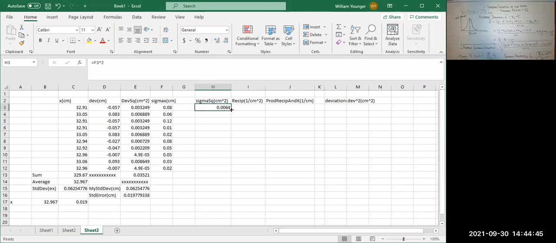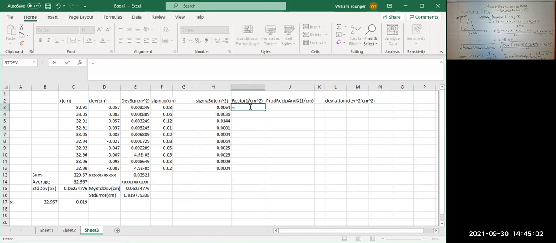And then I'm going to copy that down all the way to the 12th row. Okay, so now I've got the centimeters squared. But remember what I needed. I need x sub i times 1 over the error squared. So I'm going to take the reciprocal of this. So I'll say equals 1 divided by that guy.